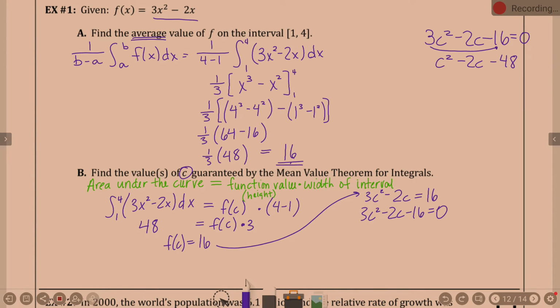For those of you that were starting product of AC, that's what it was, right? Okay, can you factor this? Factor c squared minus 2c minus 48. So c and c, what do we need? Minus 8 plus 6?